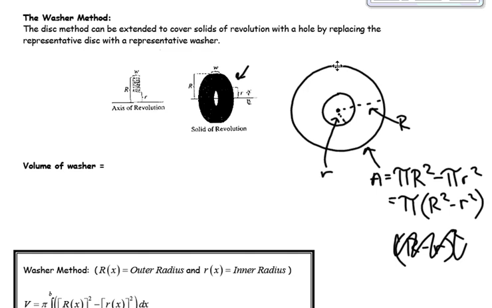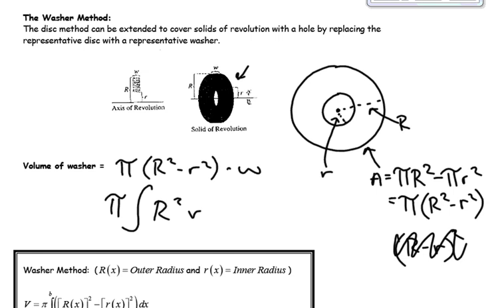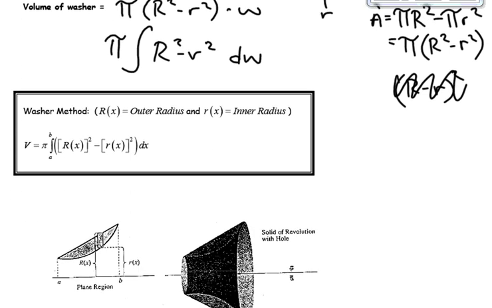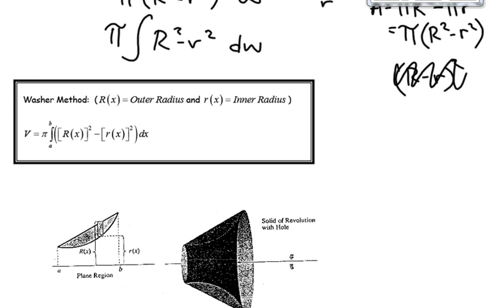So the area of the base is pi times R squared minus r squared, then times that certain width. So again, if I were to add all of those up, infinitesimally small washers, this would be pi times the integral of R squared minus r squared, and then, of course, dw. Okay, so we have the same thing with the washer method as we had with the disk method. So here's our formula that you are going to need to memorize.